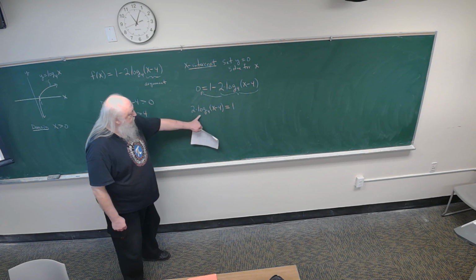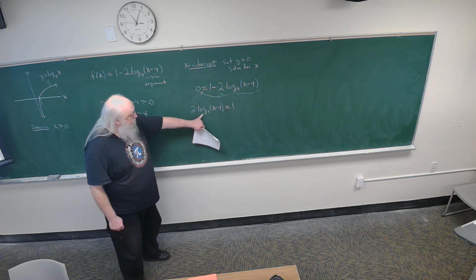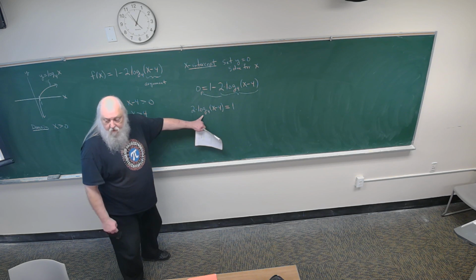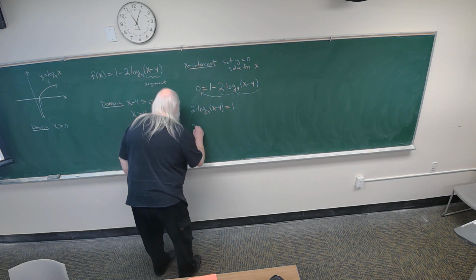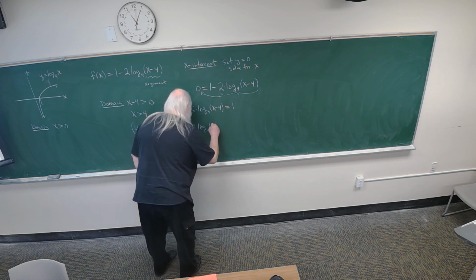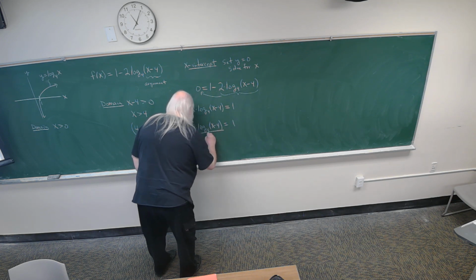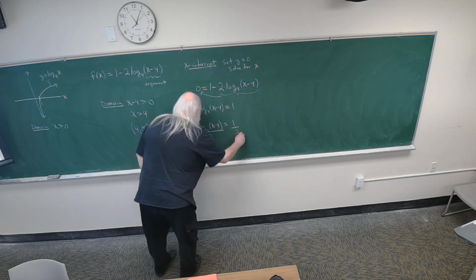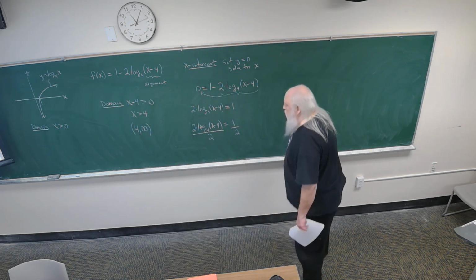And now you can see on the left, this is a product. This is 2 times log base 4 of x minus 4 is equal to 1. So I can divide both sides by 2 and isolate the log on the left-hand side. We divide the left side by 2, we divide the right side by 2.